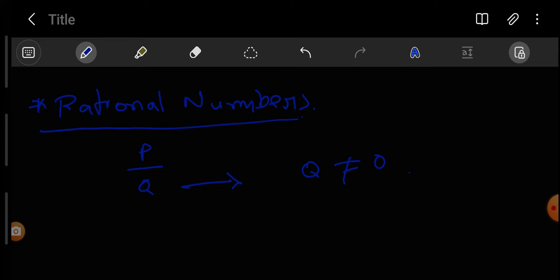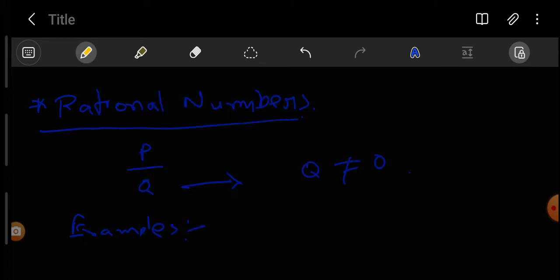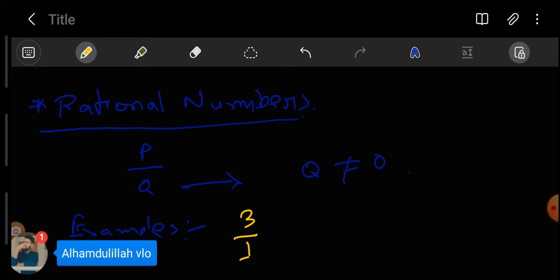For example, let's set some examples. That is 3 by 1. In 3 by 1 we have 3 above, and below in q the value of q is 1, so it's 3. It's a rational number. Why? Because q is not equal to 0 here.